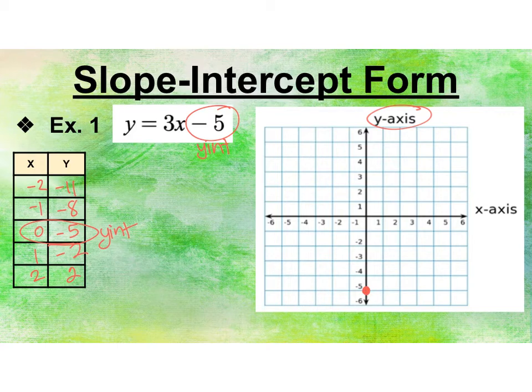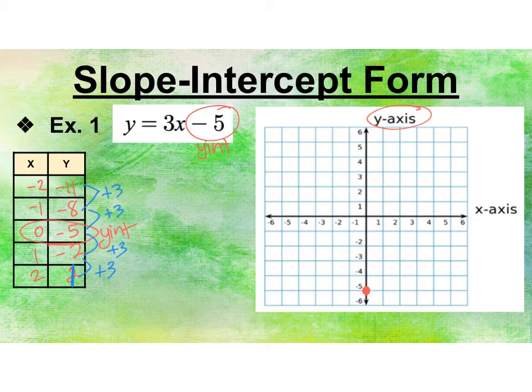Now, notice how these numbers are changing along y: they are adding 3 each time, and adding 3, and adding 3. That should be a 3 over 1. So I could go ahead and plot those 5 points, or I could just go to my y-intercept and move my slope.